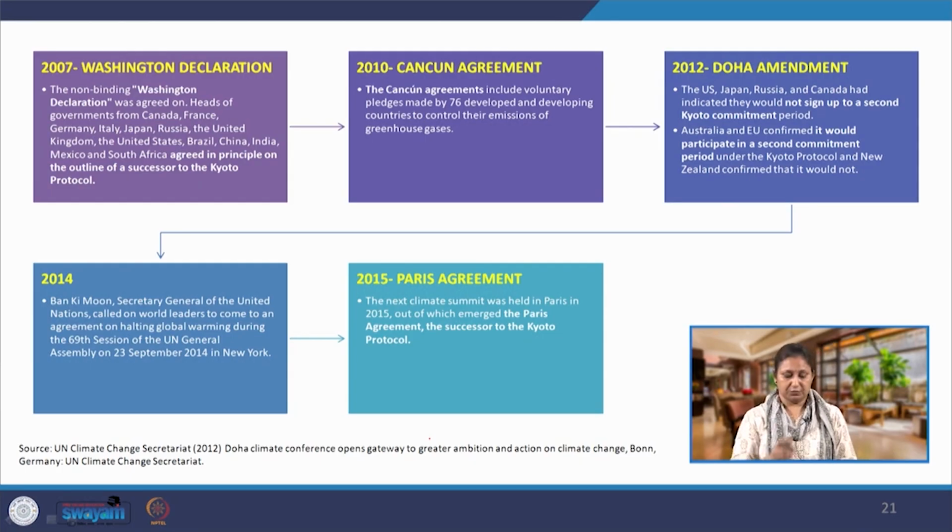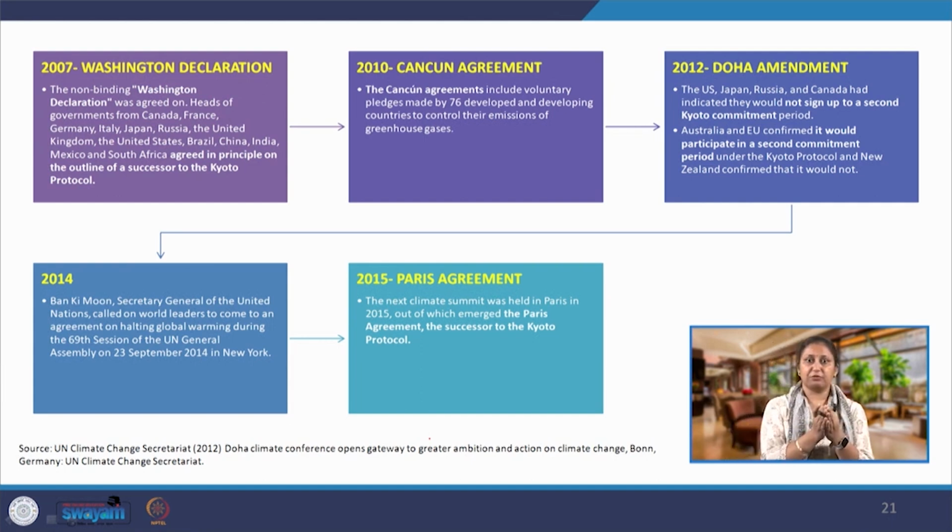So, in 2015 it emerged that the Paris Agreement would be the successor of the Kyoto Protocol, and the mechanisms, targets, aims and objectives of the Kyoto Protocol will be handed over to the Paris Agreement, which from 2020 onwards will continue to take it forward.